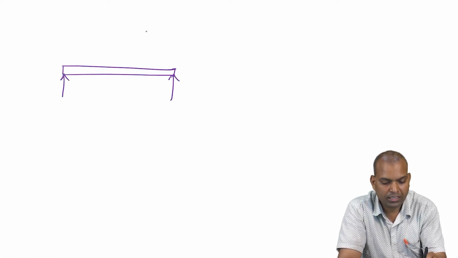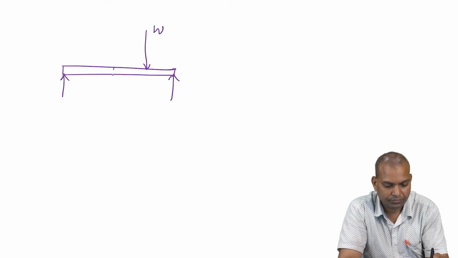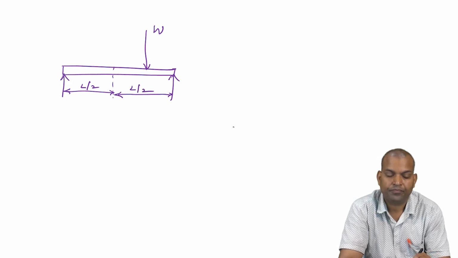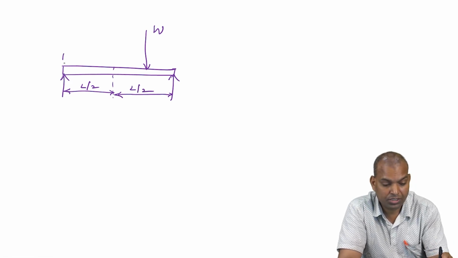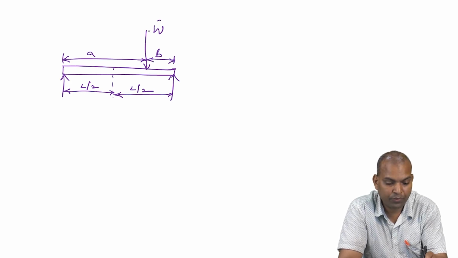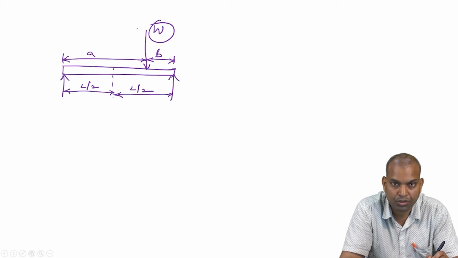The load is acting away from the center, at a distance of a from one end and b from the other. Then this type of load, even though it is a concentrated load, is acting eccentrically. That's an eccentric load.